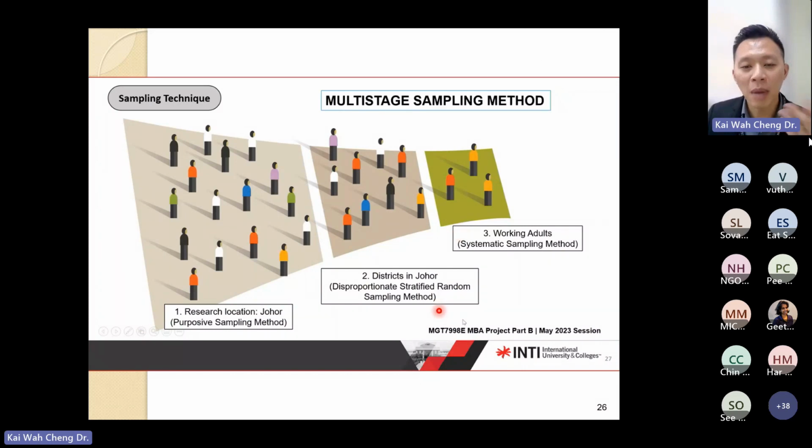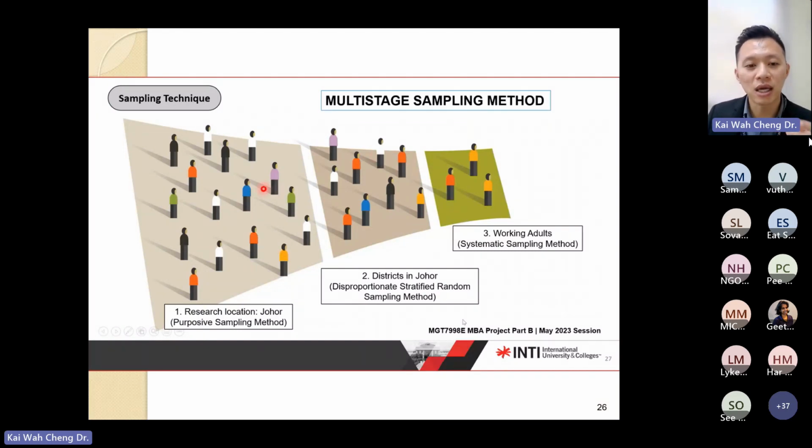My student is using multi-stage sampling method to conduct the research. Just for your information, multi-stage sampling method means a sampling technique which involves 3 layers and above when you want to select a particular person to involve in the survey questioning.